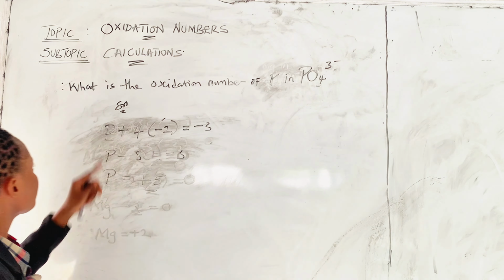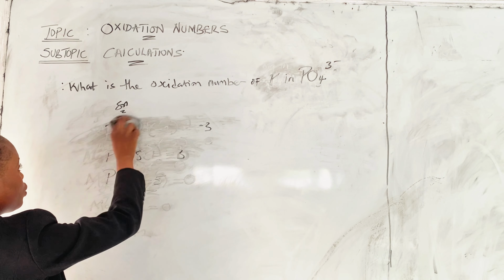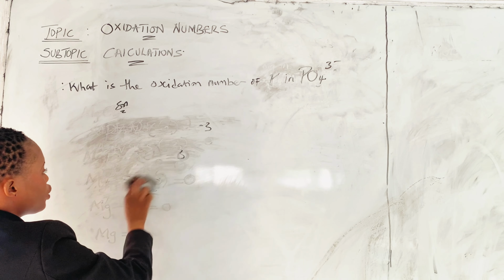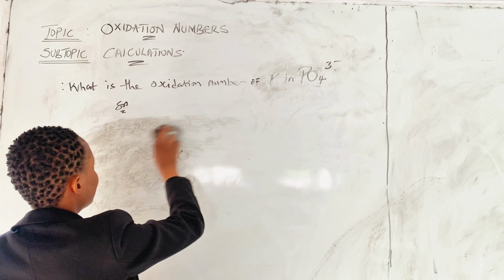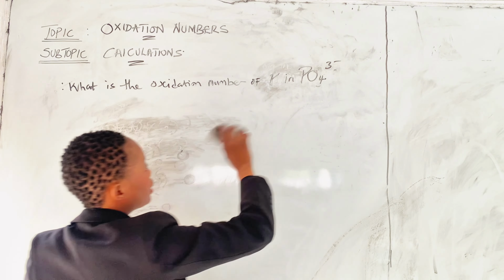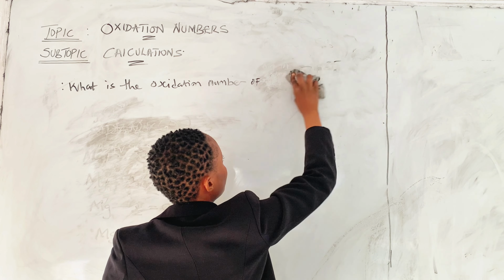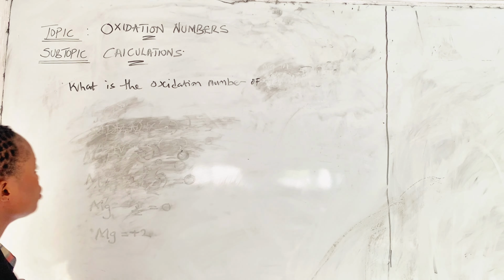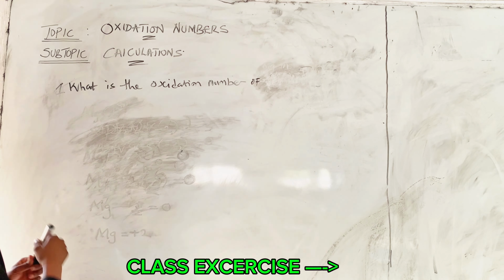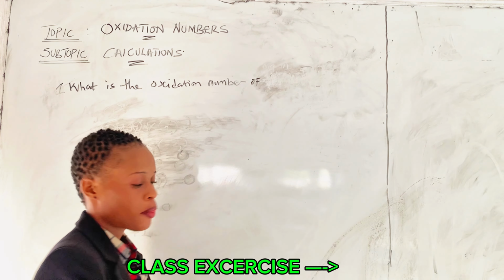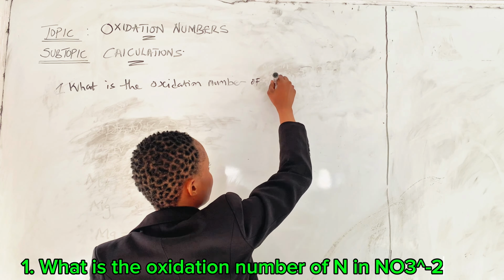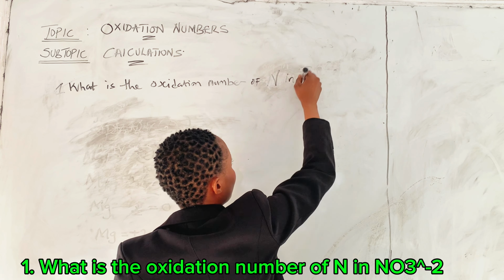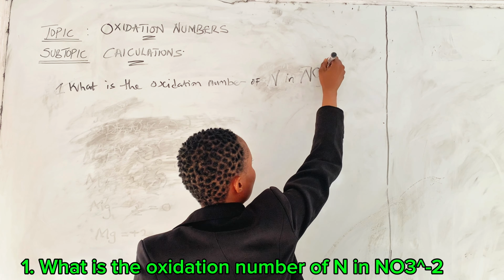Okay, so I'm going to write the question on the board. Please, when you solve it, drop your answer in the comment section below, so that others can also learn from you. So for the question, we're going to be taking 2 exercise questions. Number 1, which is to find the oxidation number of nitrogen in NO3-.